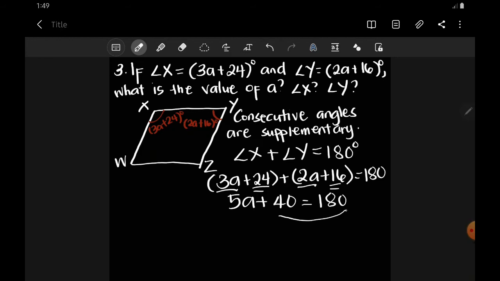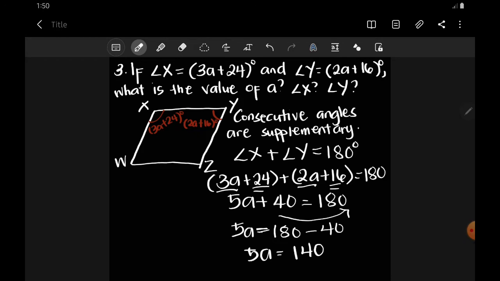And then transpose positive 40, so it will become negative. So 5A equals 180 minus 40, that would be 5A equals 140.